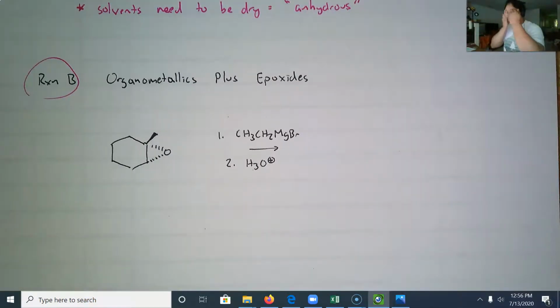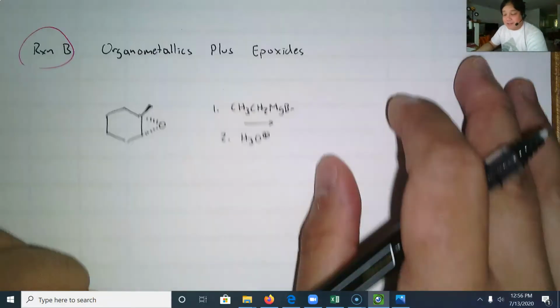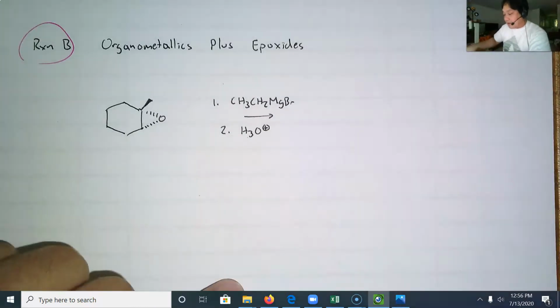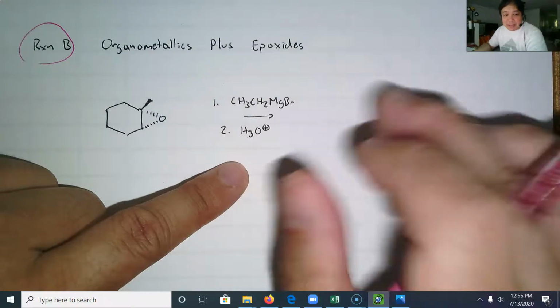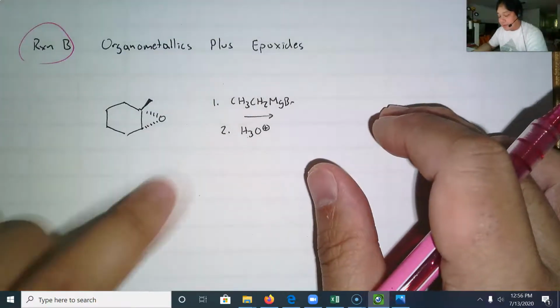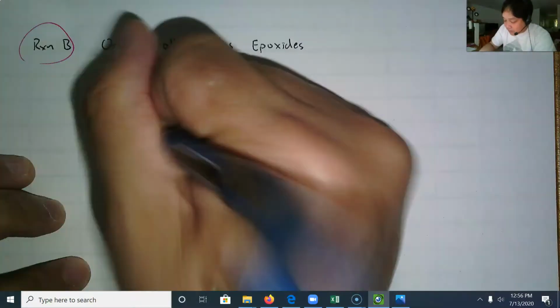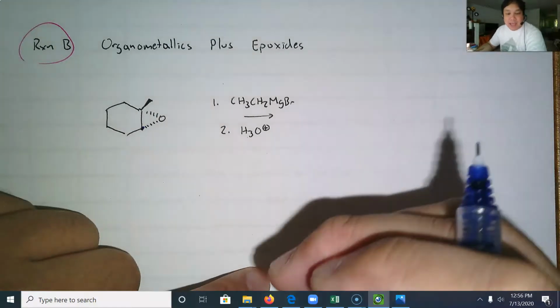Let us remember what happens with the ring opening of epoxides. When you're not in the presence of acid, when the nucleophile attacks, you will attack the less substituted carbon. It's this carbon right here. Why do I consider this not in the presence of acid?